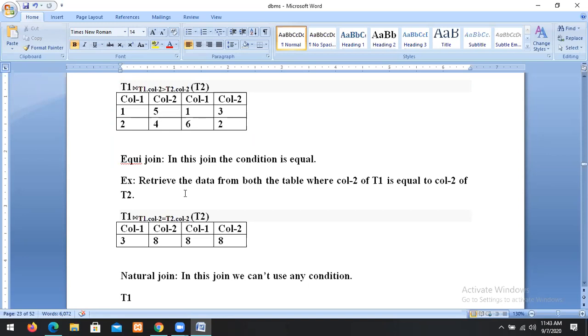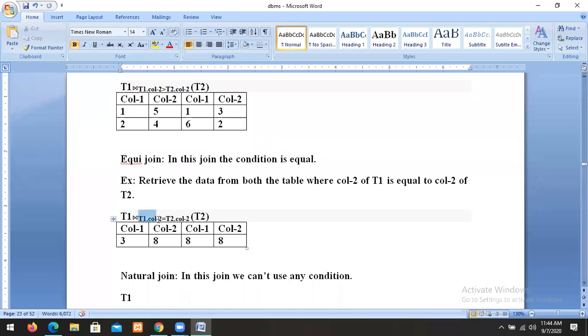Suppose you take the same example, T1 and T2. T1 has two columns, T2 also has two columns. I want to select the rows when column 2 of T1 is equal to column 2 of T2. So I will use T1 join, this is the join symbol, T1 column 2 equal to T2 column 2.